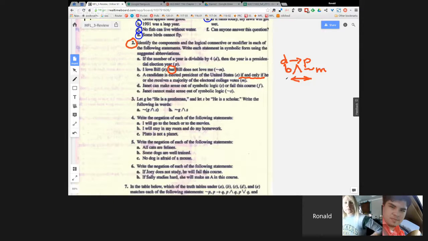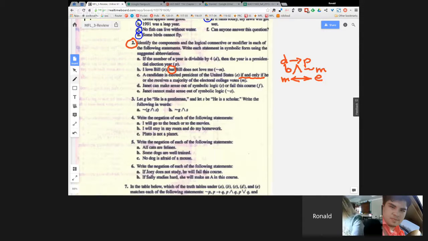Because this one goes both ways, it really doesn't matter. I'm going to put M here and E here, but E and M could be on either side. By the way, the second one, B and not M, could be reversed too because and is bidirectional. But that first one, if D then P, cannot be reversed.